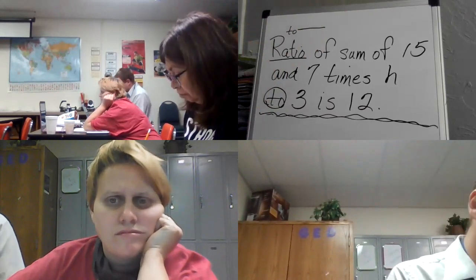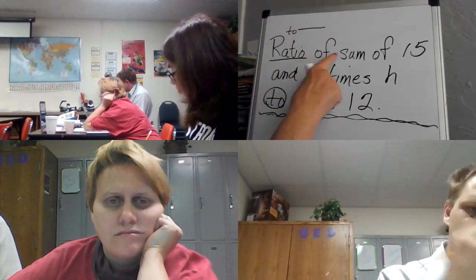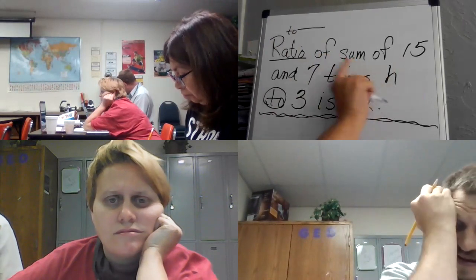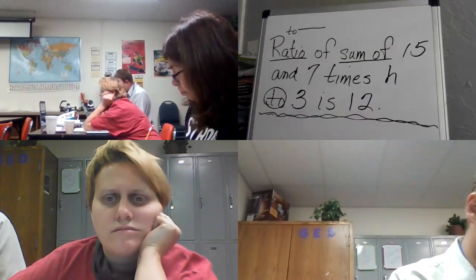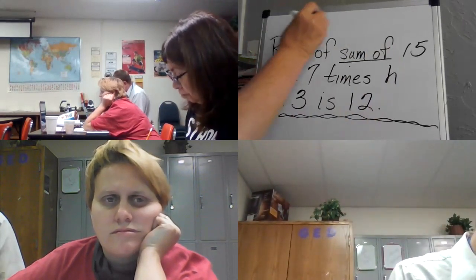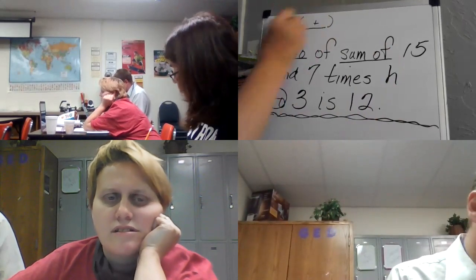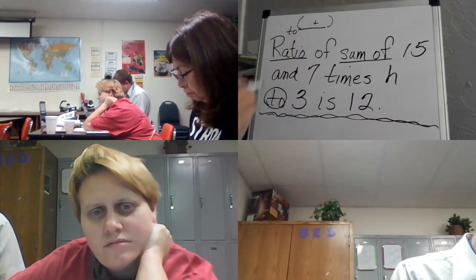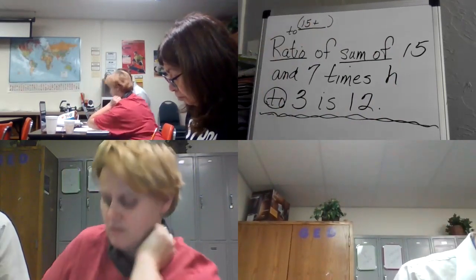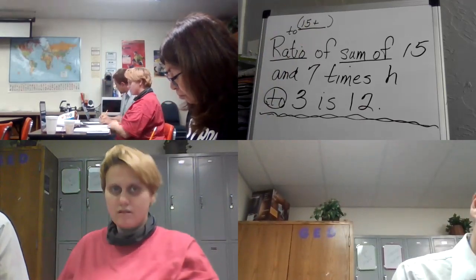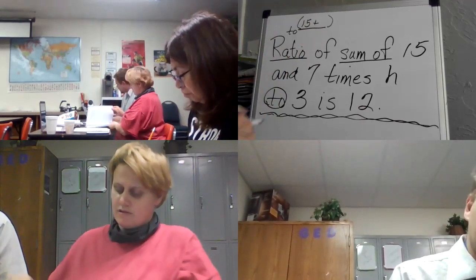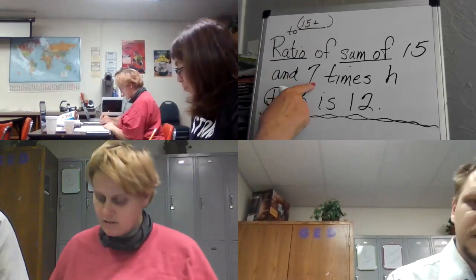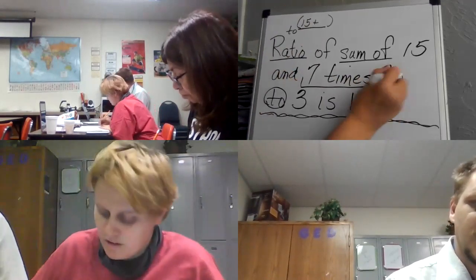So it says the ratio of the sum of 15 and it's not just 7, but it's 7 times h.